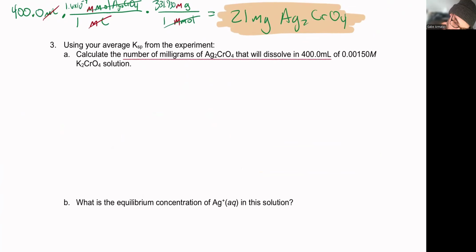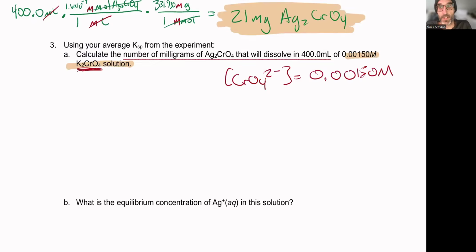Same solution, but instead of being just pure water, in this case it already has some potassium chromate present, which really ultimately means the concentration of the chromate is 0.00150 molar, because there's one chromate for every one K2CrO4. So I know the concentration of chromate.